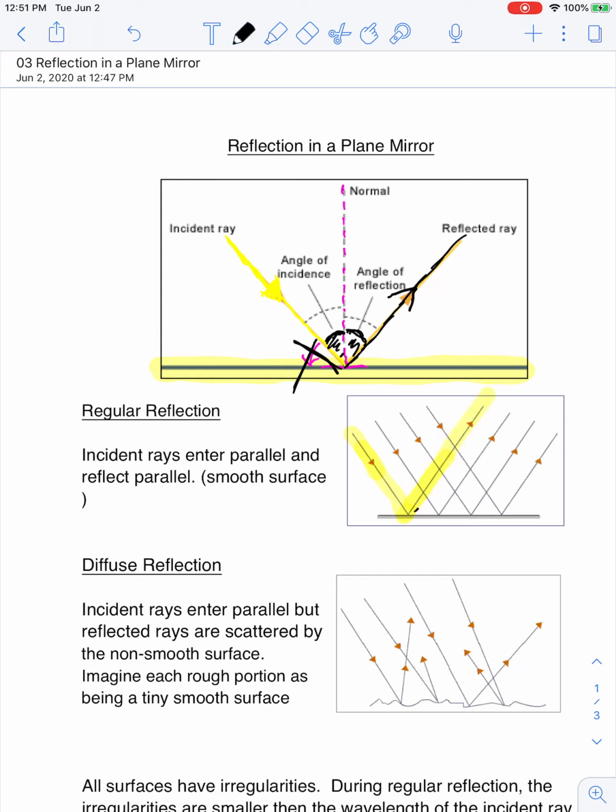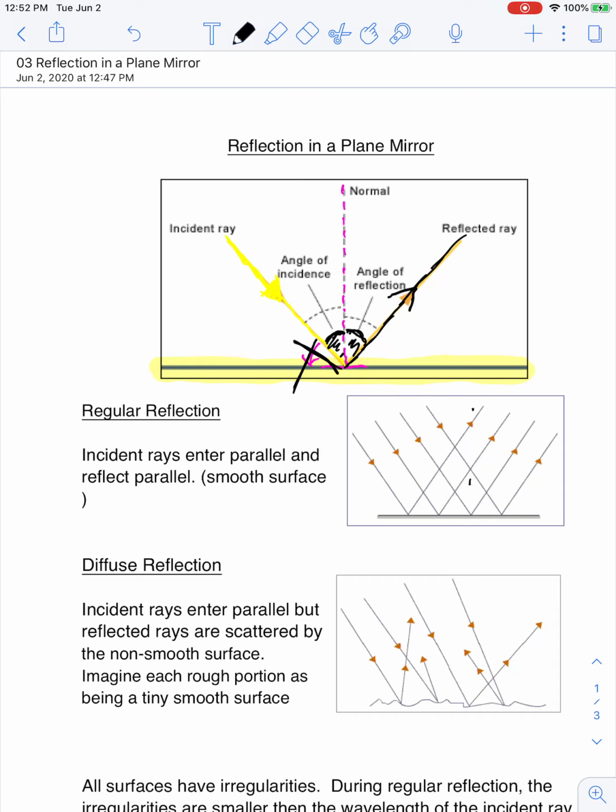What they're not showing you here, of course, is all the normals that are being measured. So angle of incidence equals angle of reflection: the reflected ray bounces off the mirror at the same angle as the incident ray when it hits the mirror.